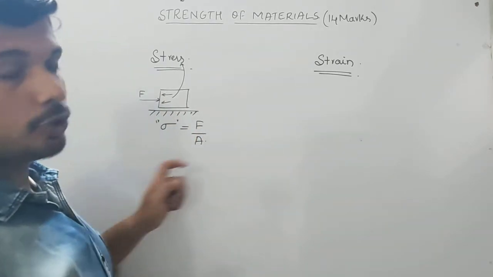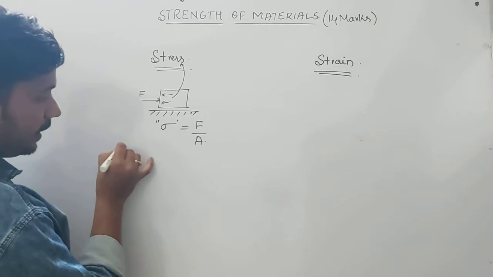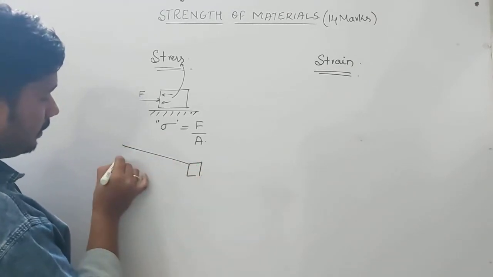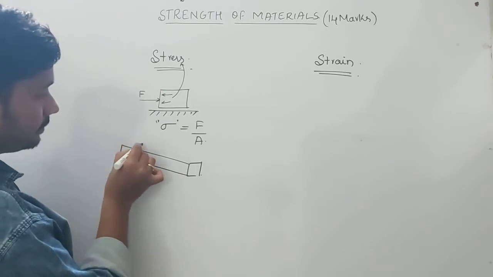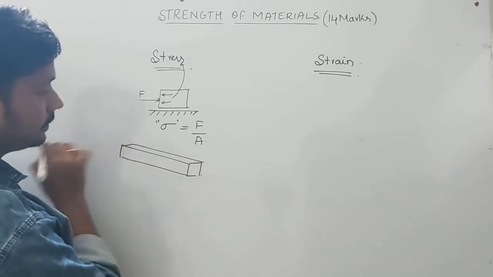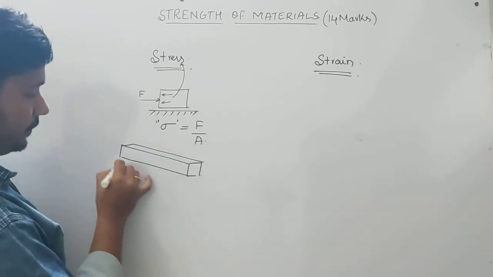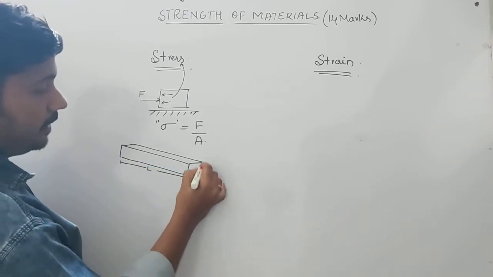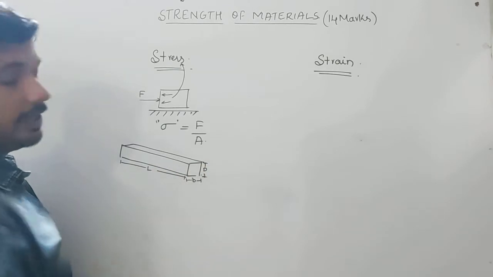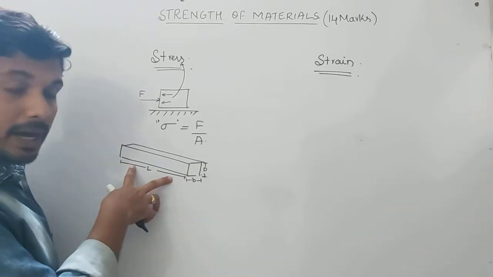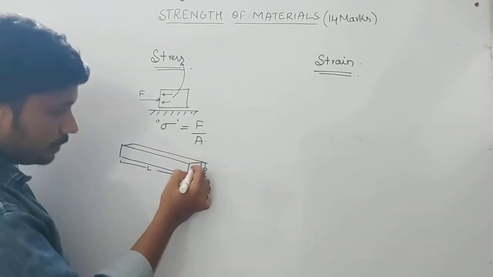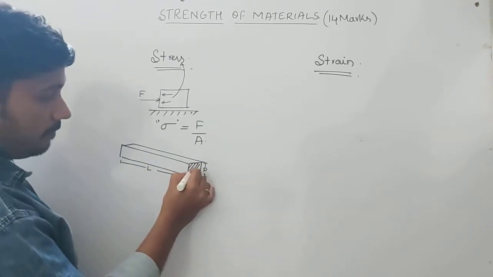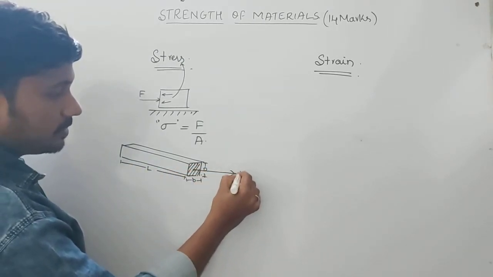Now I shall show you in strength of materials. For example, this is a bar with length L, breadth B and depth D. This is the cross section of the bar. Now I will apply the force in this direction.